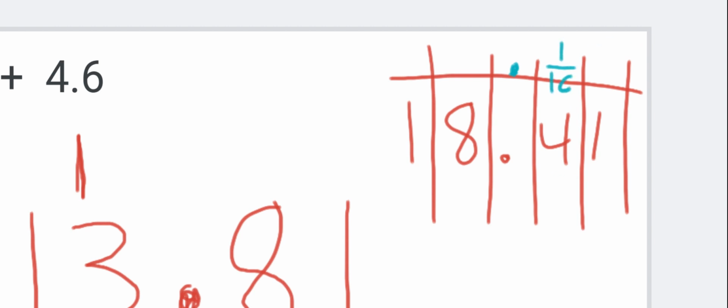It's the tenths. What's the value of this 1? That's right, it's in the hundredths place. Okay, I have my decimal point. What's the value of this 8? That's right, in the ones. And then finally, what's the value of this 1? That's right, it's in the tens.